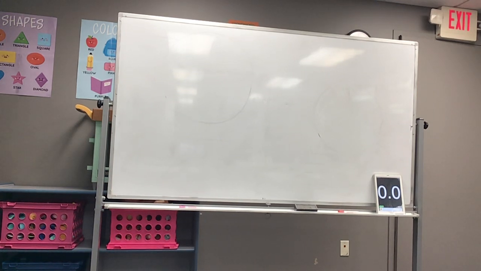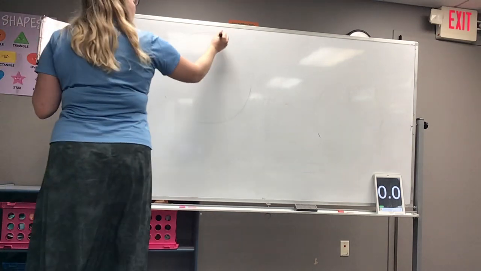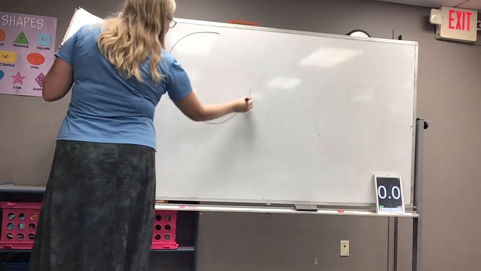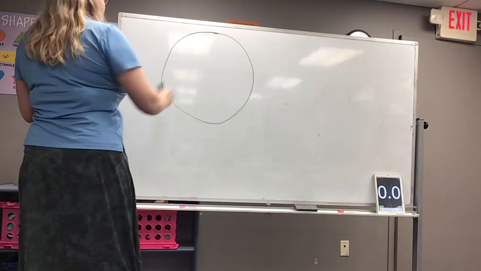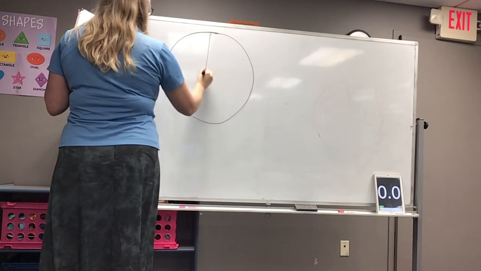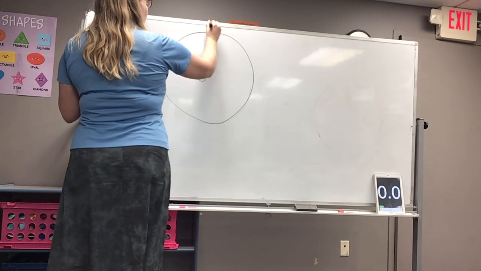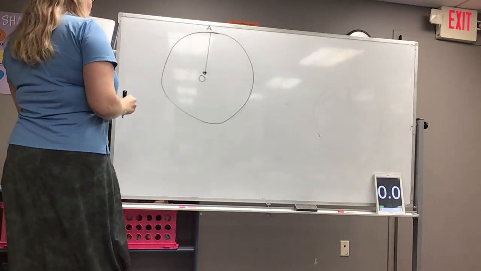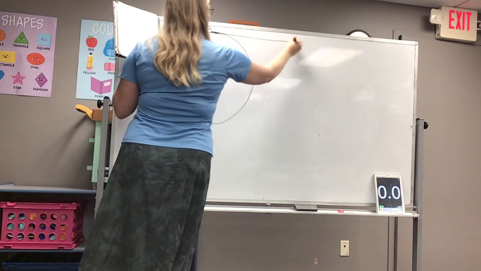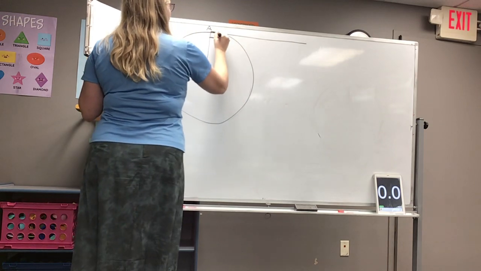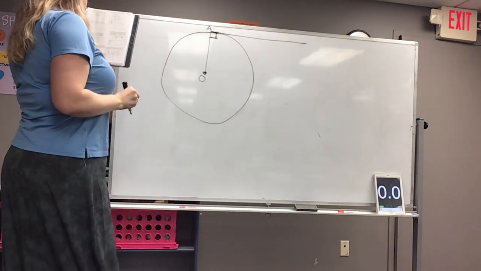Another circle problem. I like that circle, so I'm going to trace it back. But this time, we have the radius to O in the center. We have A as a point. We have a tangent segment, meaning we have the right angle there.